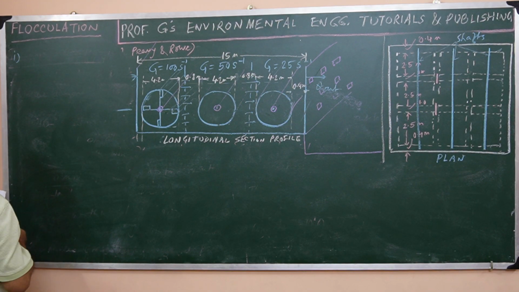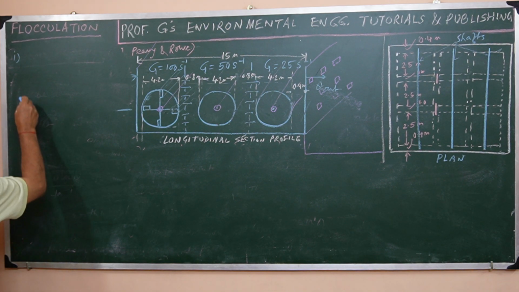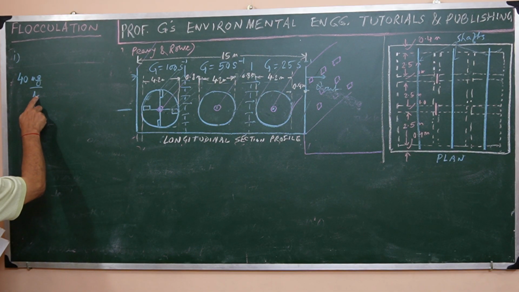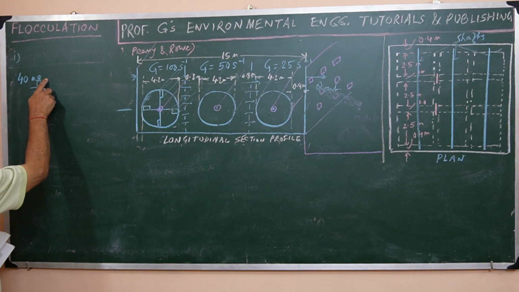So this is just a 40 milligram per liter dosage, right? And it is processing 50 meter cube per day, say suppose 40 milligram per liter of alum. Per liter of water you are using 40 milligram of alum.